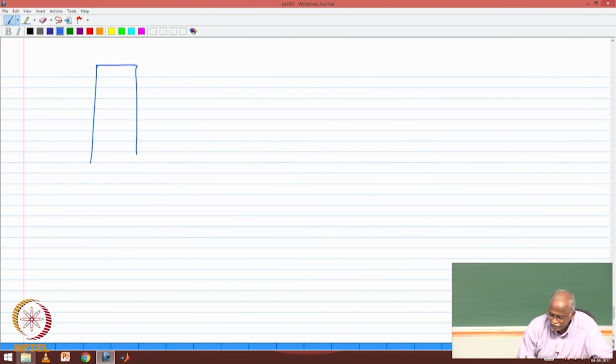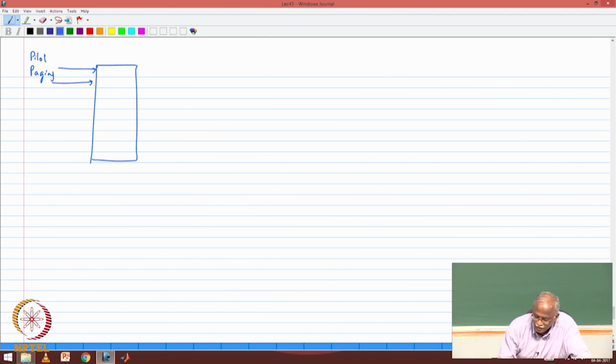Now I have the base station signal, I have paging that is going in. Then before paging, even the pilot is going in. There is the sync channel that is going in, and then I have a whole bunch of users.